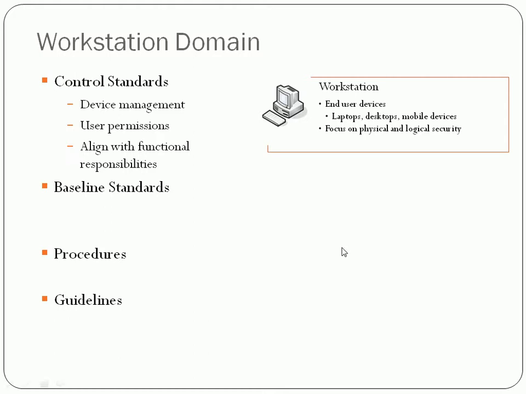So these are specific technology requirements for each device. The baseline standard is going to tell you how to implement the control standards on specific systems. So when we talk about, say, the ability to install software, we might have a baseline standard that talks about how we can implement that control standard in a Microsoft Windows environment.